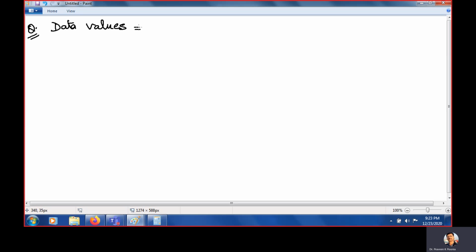You can take some data values like 3, 7, 6, 5, 12, 10, 14 and 15. Clear? What do you need to find? You need to find all things.